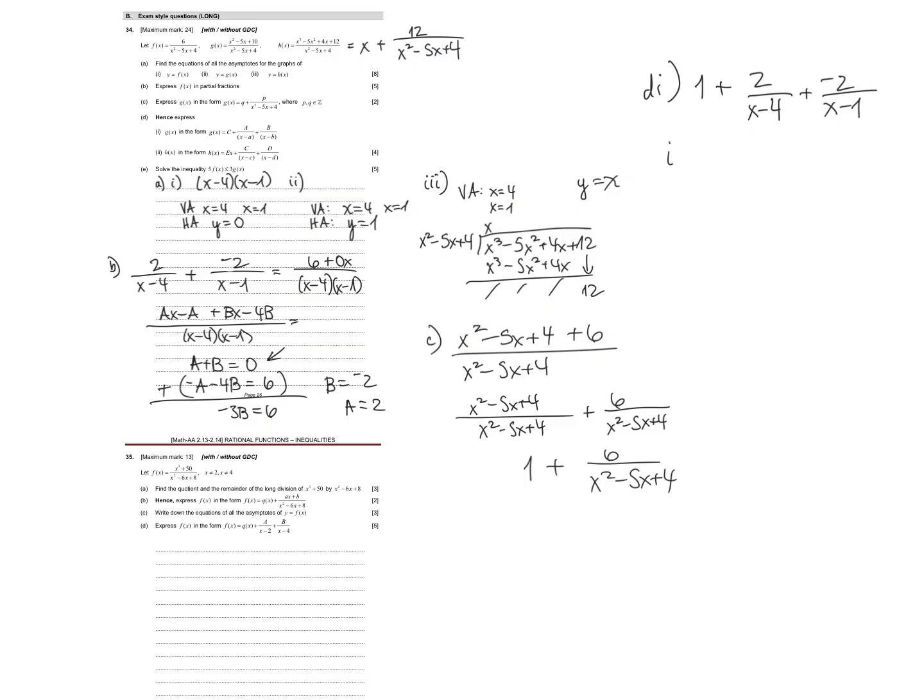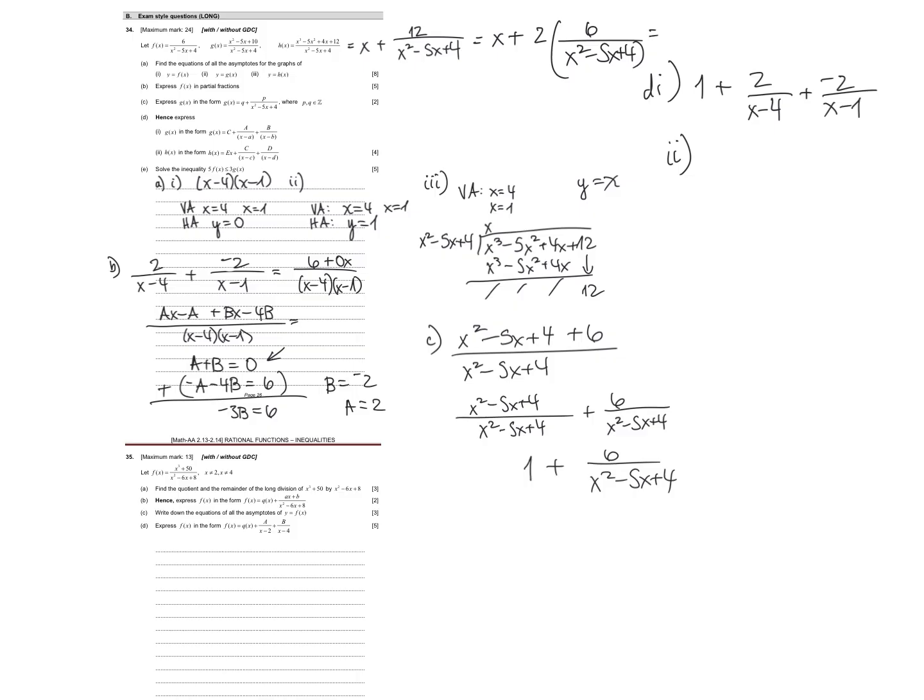And then double I for D, H. So this is going to be x plus, this is 6 times 2. So we're going to have 2 times 6 over x squared minus 5x plus 4.